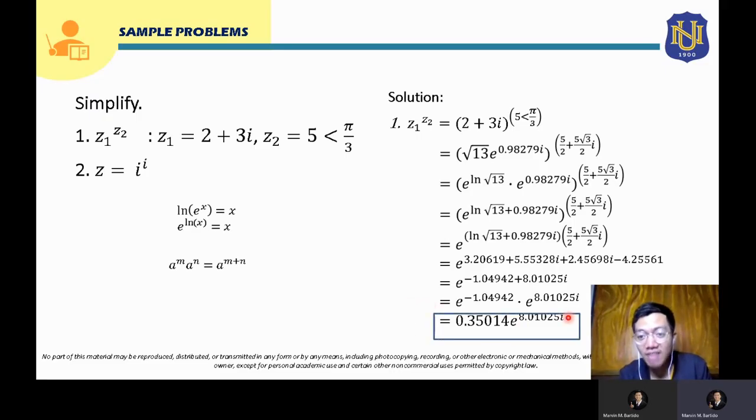So this can be the answer now. Again, in our problem, it's not mentioned what should be the final form of your final answer. So this can now be the answer. This is 0.35014 e raised to 8.01025i. So that will be the answer for sample problem number 1.